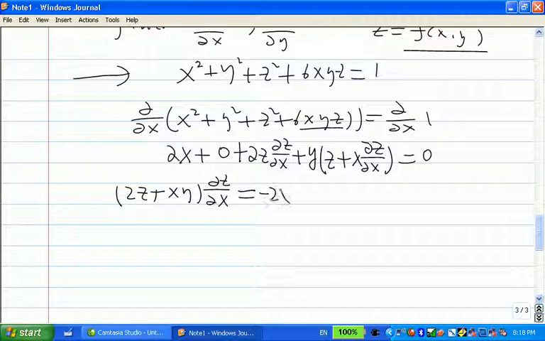So it's minus 2x minus yz, right? 1, 2, 3, 4 terms. Okay. So partial z with respect to x gives you minus 2x minus yz divided by 2z plus xy.